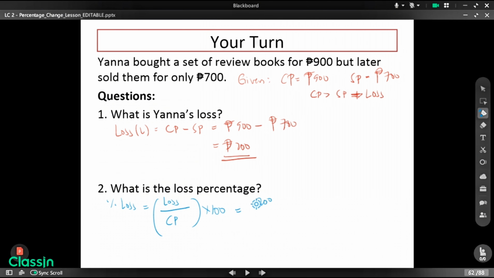So the computed loss is 200 divided by the cost price, which is 900 pesos, times 100. And the answer is 22.22%.